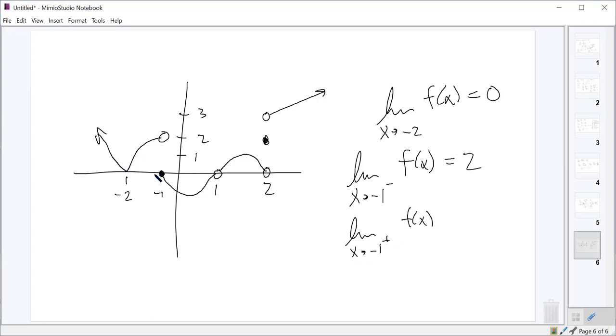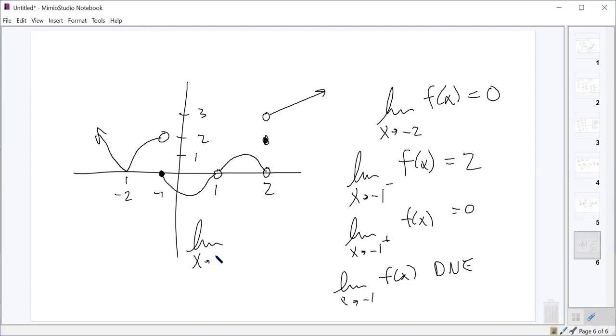Should be 0. And that would tell us that the limit as x approaches -1 of f of x does not exist. Everybody good there? In order for a two-sided limit to exist, the limit from the left and the limit from the right have to equal each other. Everybody good there?